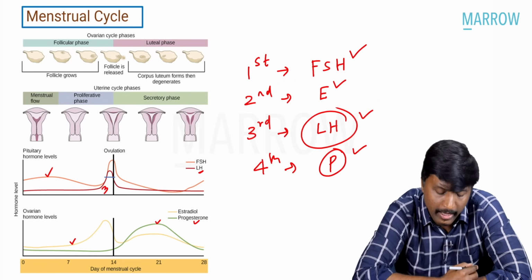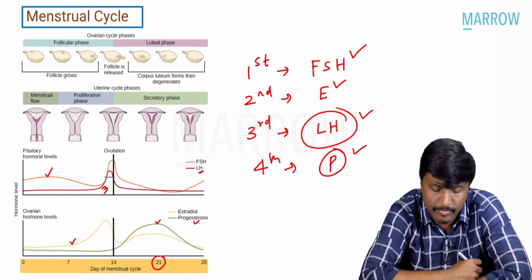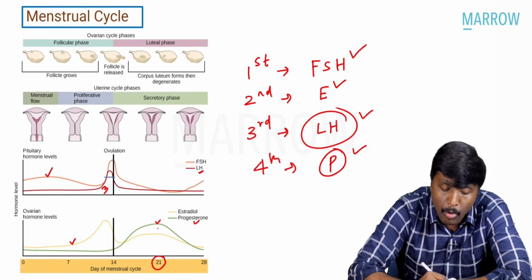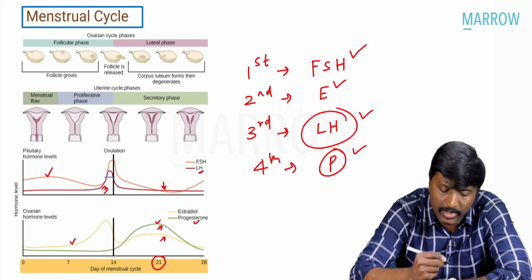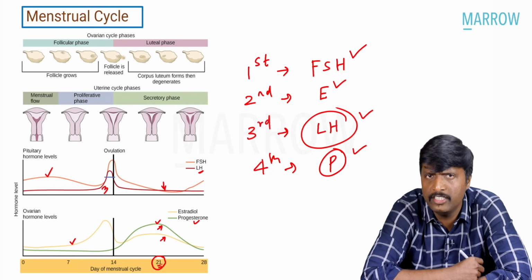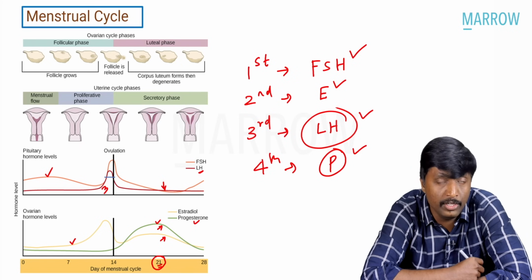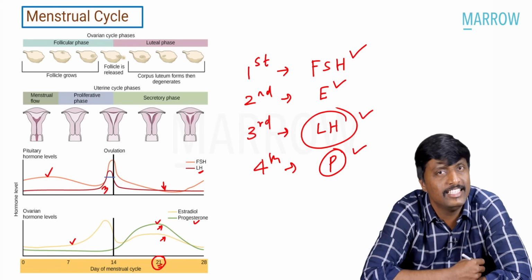Especially from the 21st day, they are asking. We are seeing more levels of progesterone and estrogen and very low levels of FSH and LH. So around 21st day, high levels of estrogen and progesterone, low levels of FSH and LH. That is the answer.